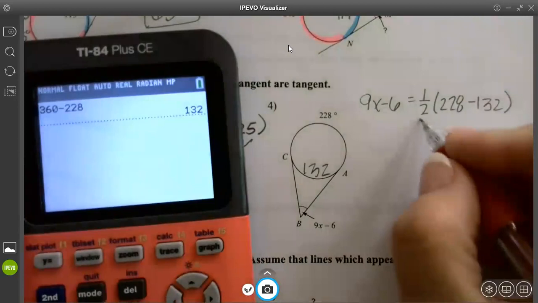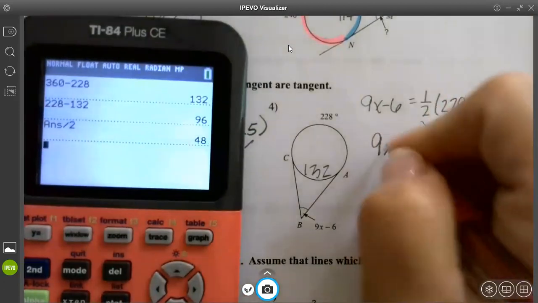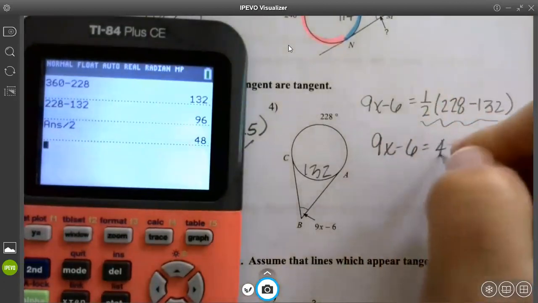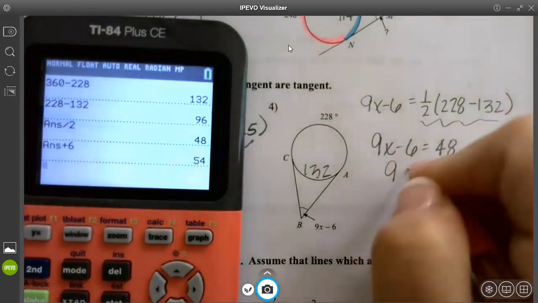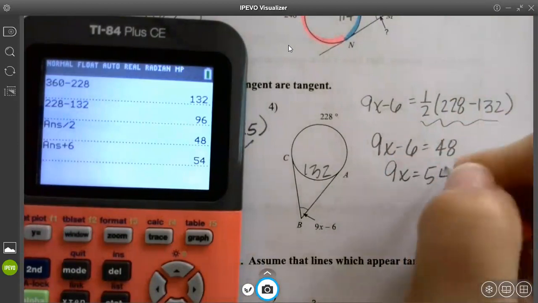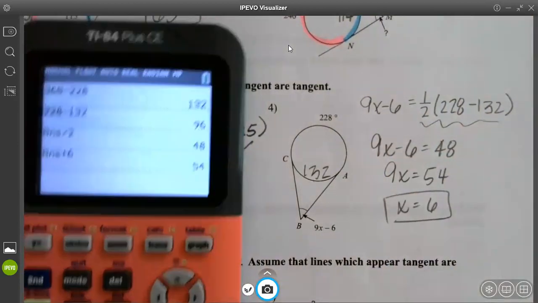So again, I'm going to do this side first. 228 minus 132 divided by 2 gives me 48. Solve for x, we're going to add 6. Get 54. Divide by 9, and we get x is 6.